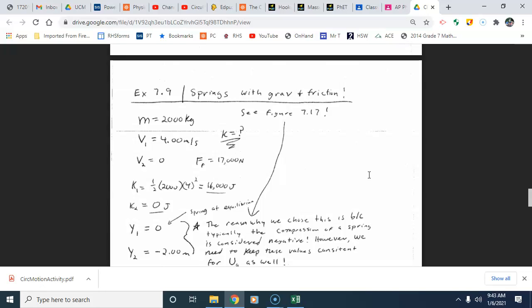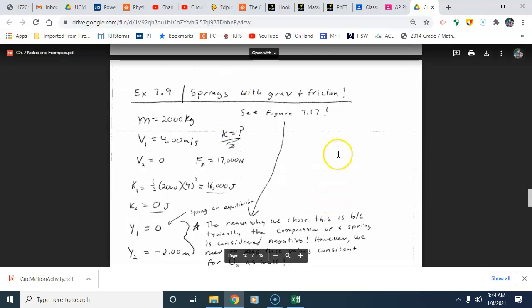Point 1 is the moment it contacts it, and at that moment it is 4 meters per second. So at that position, because it gives us that as point 1, is going to be the equilibrium position of the scenario.